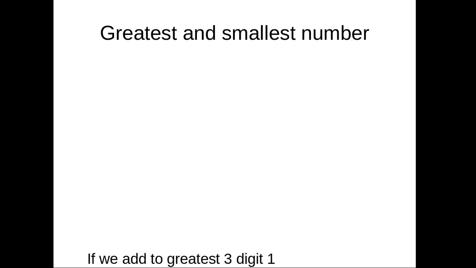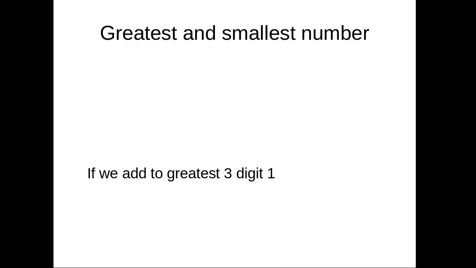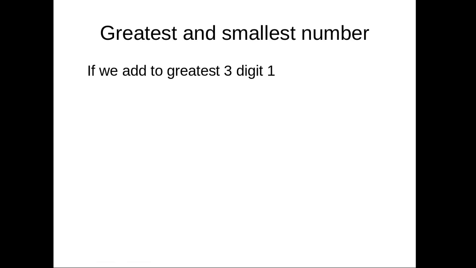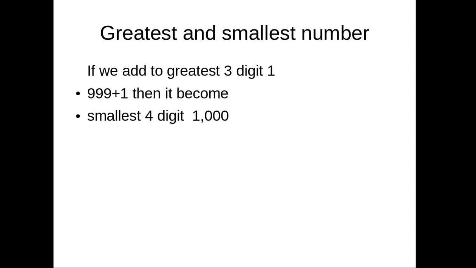First we are going to learn greatest and smallest numbers. See here, if we add 1 to the greatest 3 digit number, that means 999 plus 1, then it becomes the smallest 4 digit number, that is 1000.